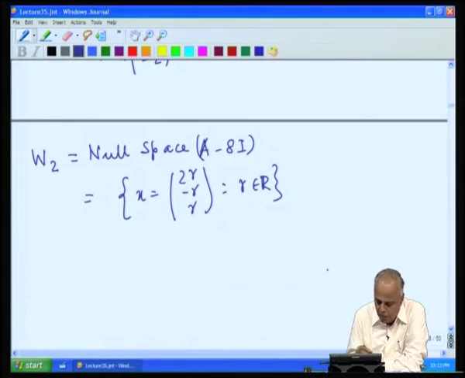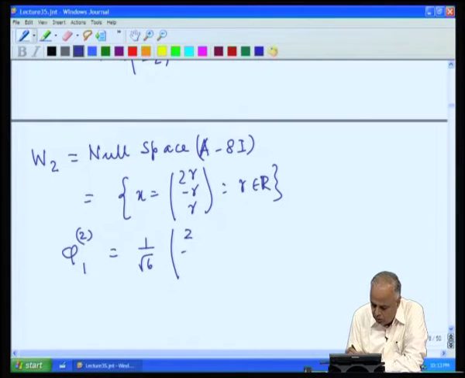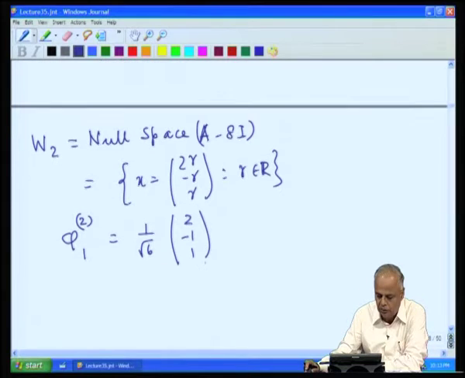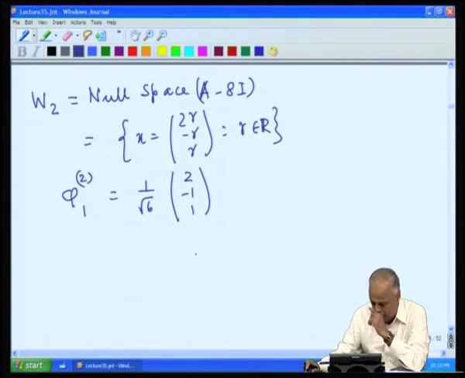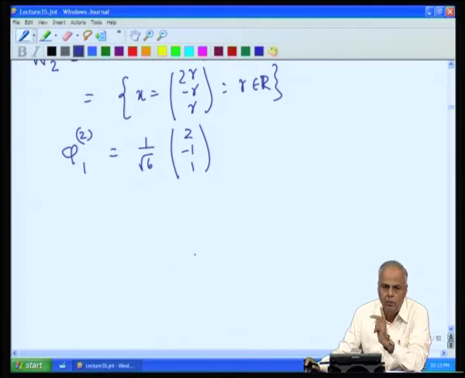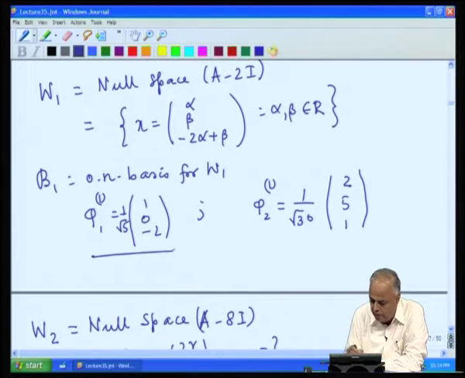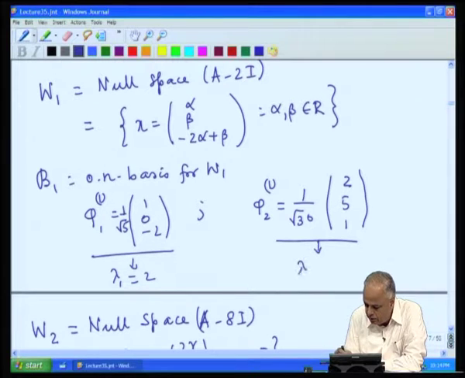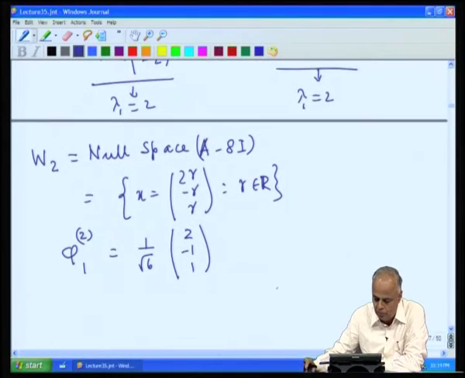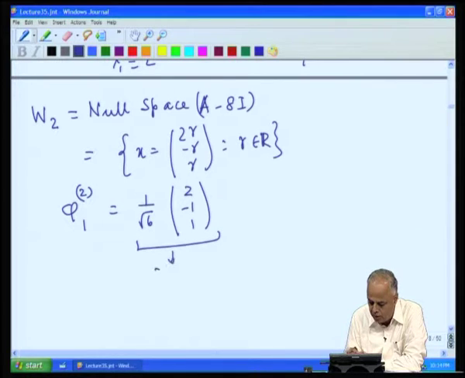The dimension being 1, there is going to be only one orthonormal basis vector for that, and this we found to be 1 by square root of 6 into 2, minus 1, 1. So, we have the three eigenvalues. One of them is repeated twice, 2 and 2, and then the other eigenvalue is 8. Corresponding to them, we have the three eigenvectors. Recall that this corresponds to lambda 1 equal to 2, this also corresponds to lambda 1 equal to 2, and this corresponds to lambda 2 equal to 8.